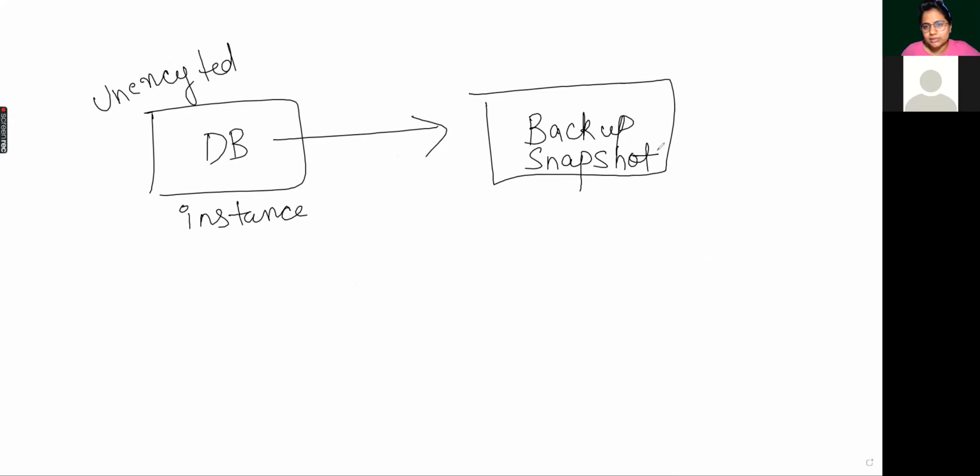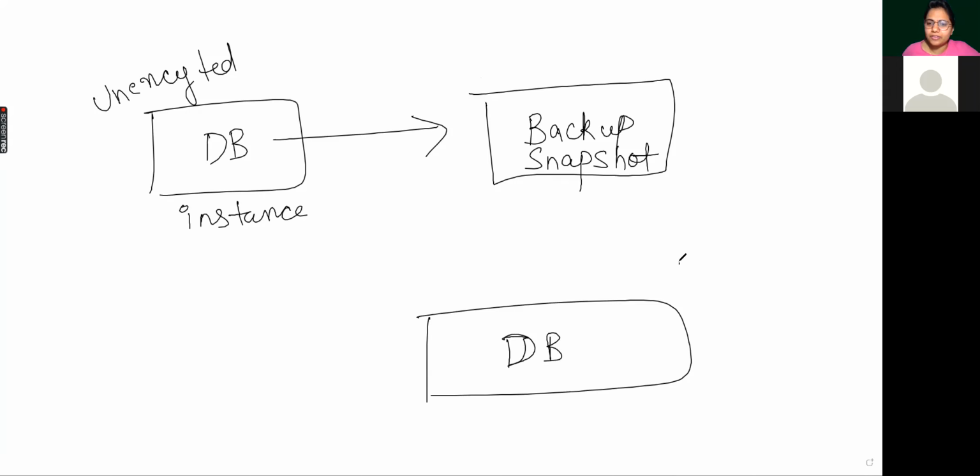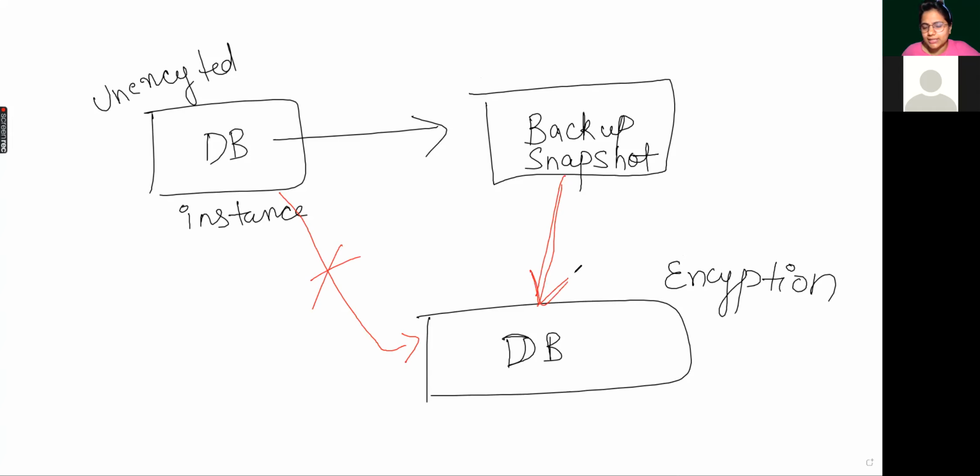So what we can do is create another database that will have the encryption policy. Now instead of taking the data from this main database, we can directly take the backup or the snapshot into this data set.